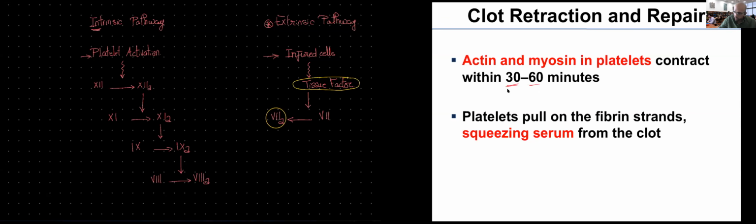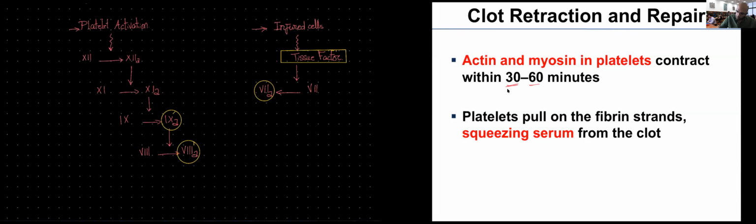The same takes place in the intrinsic pathway, I'm sorry, where I have both activated 8 as well as activated 9 forming a complex. Both activated 7 and tissue factor have the ability to activate factor 10.